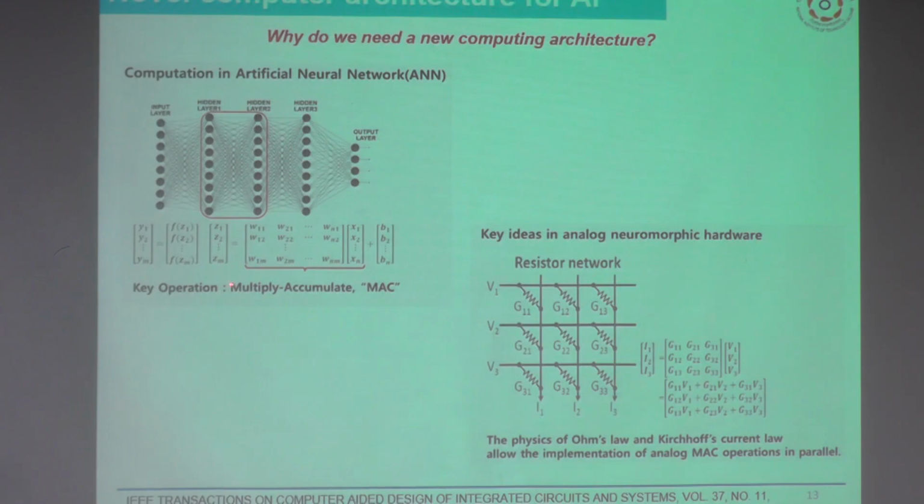Here the key operation is multiply and accumulate. This is the MAC operation, which is very important in artificial neural network based things. This complete artificial neuromorphic thing you can create using your PCM device.